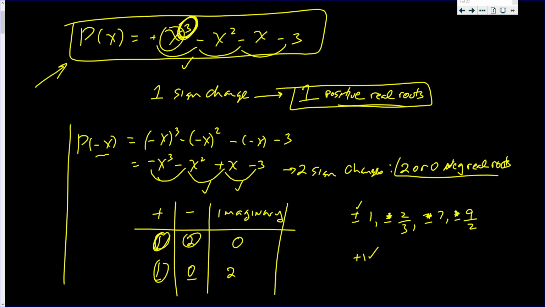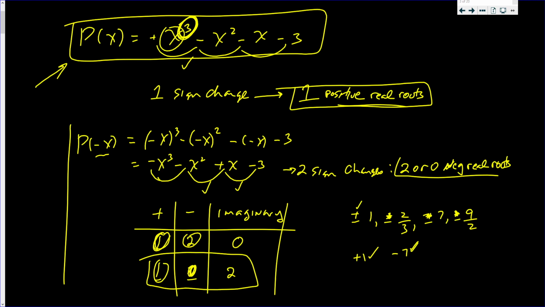Now, you try -7, and -7 works. That means we're not in this case. We don't have 0 negative real roots. We must have 2. You found 1, now go and find the other.